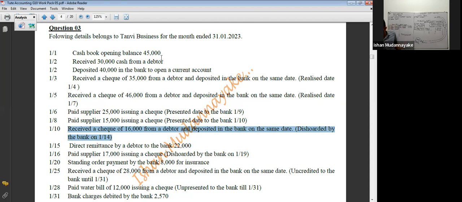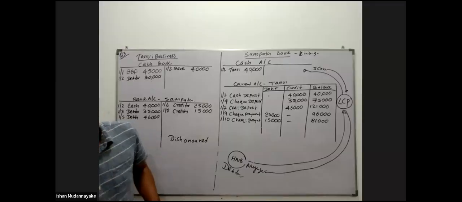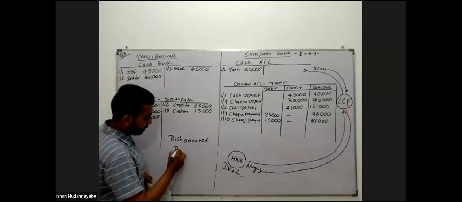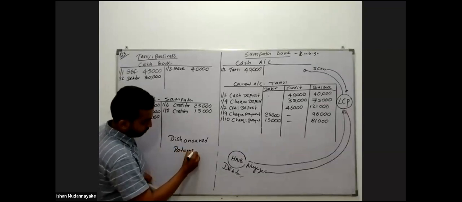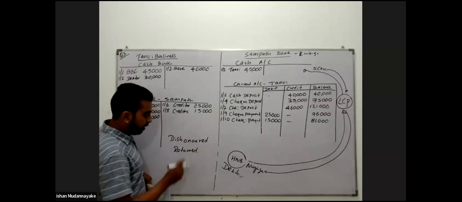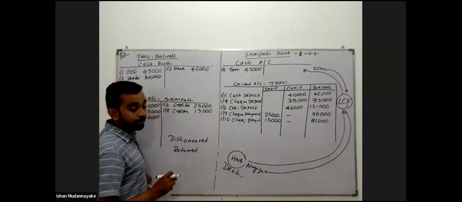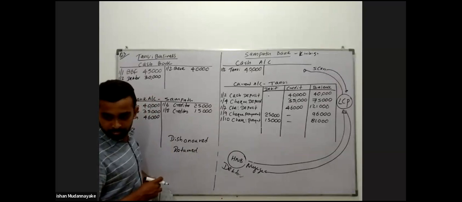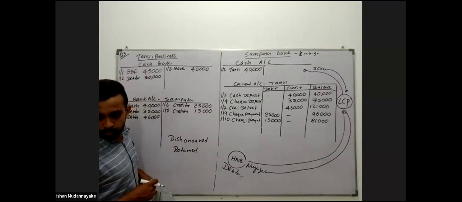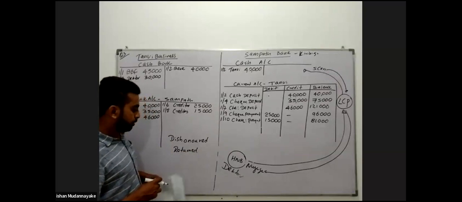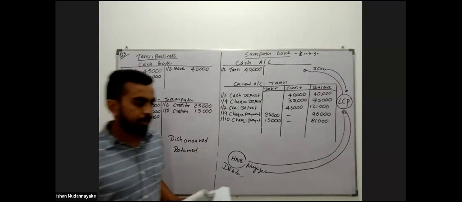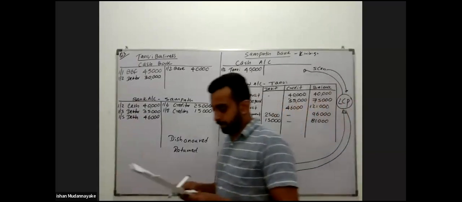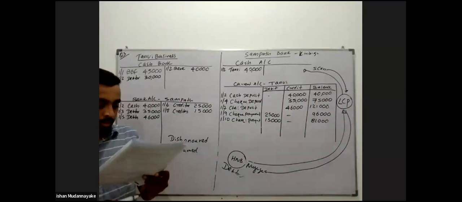Dishonored means return. Another name for dishonored is return by the bank, check return, or check dishonored. Please correct that word. Right, then here 10 January.